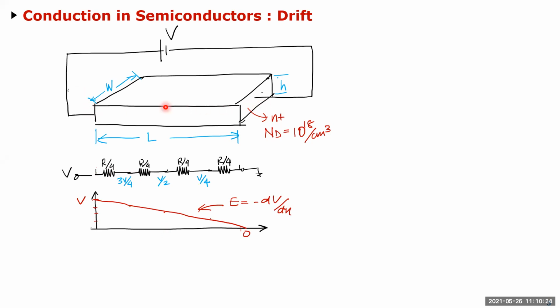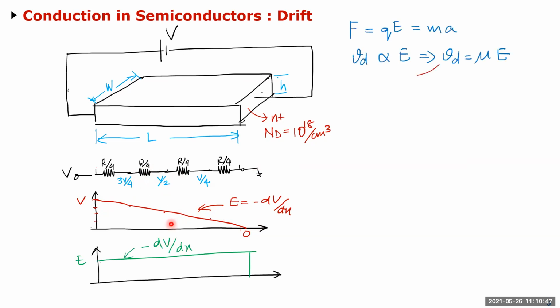Let's say this entire resistance was R. If I divide it into series R's of equal values, then all equidistant points get the same delta voltages, which means the voltage is linearly decreasing, which means the electric field is constant. If you have an electric field and free carriers, you get a force which makes those electrons or holes move, but they're not going to accelerate and keep increasing the velocity forever.